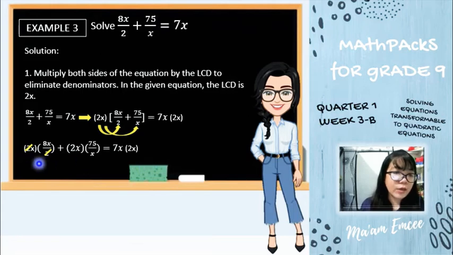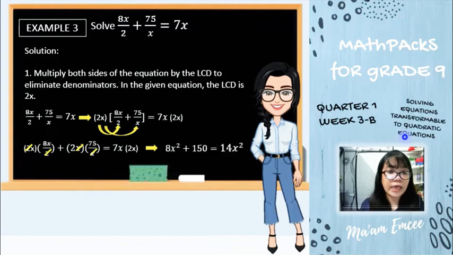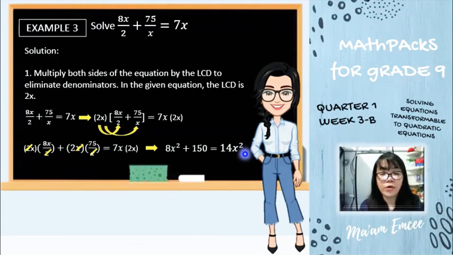And then what is left is x. x is then multiplied to 8x, and that will give us 8x squared. 2x times 75 over x, the common term will be x. So x divided by x is just equal to 1. So we multiply 2 to 75, that is equal to 150. And 7x times 2x is 14x squared. So our quadratic equation is 8x squared plus 150 is equal to 14x squared.